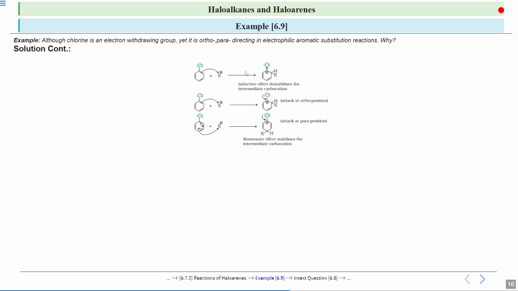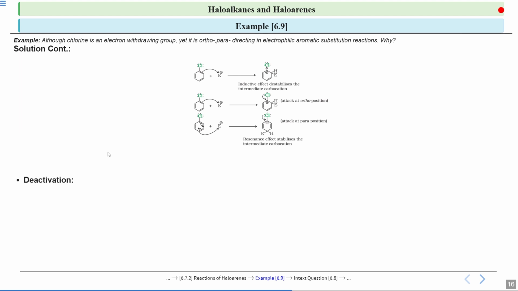So you can now compare the two effects we have just seen. Due to the inductive effect, which is shown by the chlorine because of its electron withdrawing nature, the carbocation forming is destabilized. Meanwhile, due to the resonance effect, through the donation of its electrons via lone pairs, it is also stabilizing the intermediate carbocation.